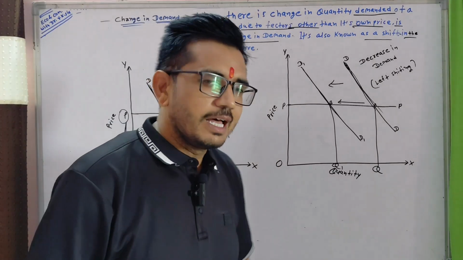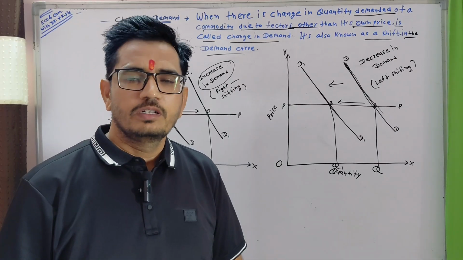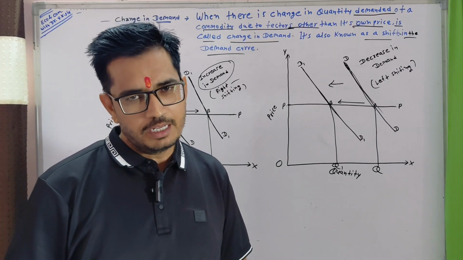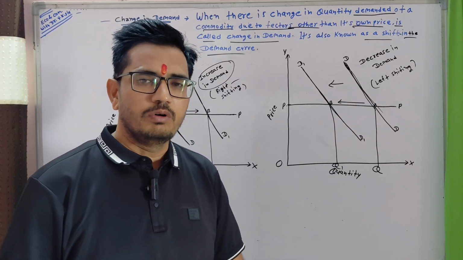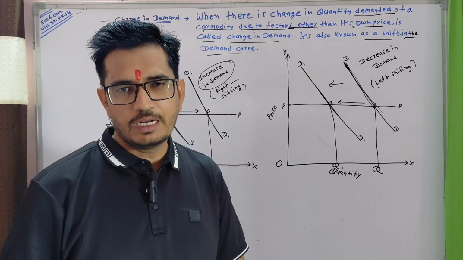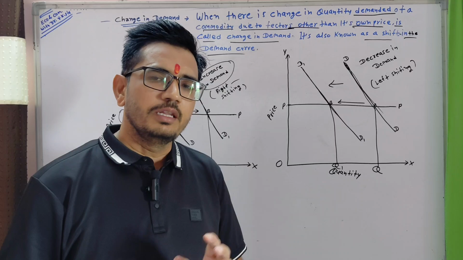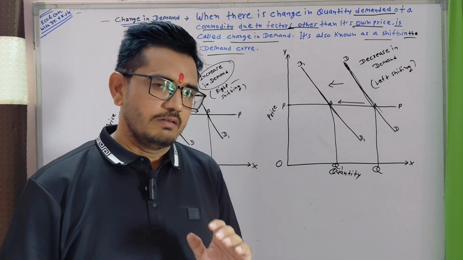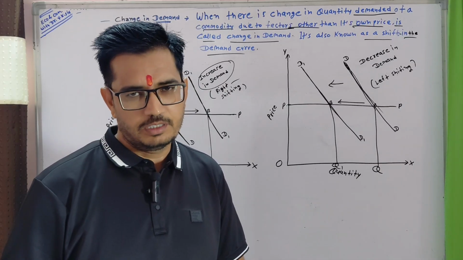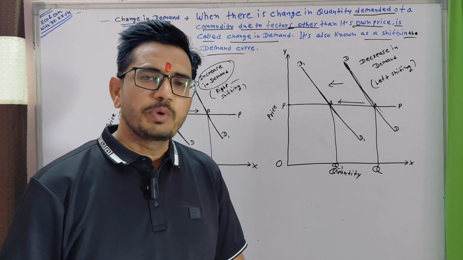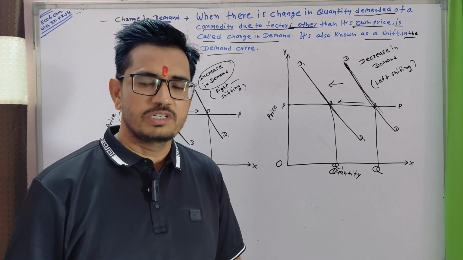So at last, I want to give a conclusion on the topic of change in quantity demanded and change in demand. There is a difference between these two things. When we talk about change in quantity demanded, only its own price is changing, not other factors. Its own price is changing and other factors remain constant.